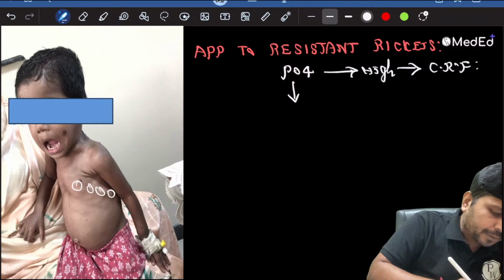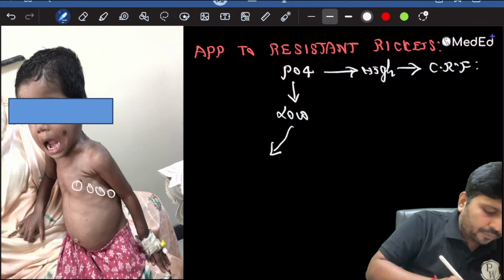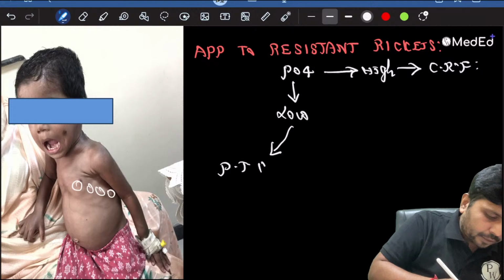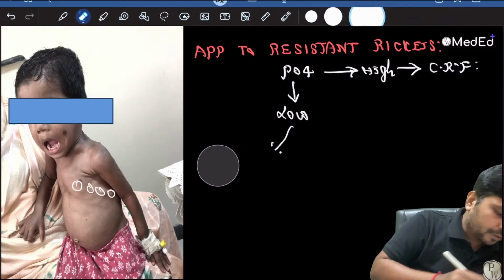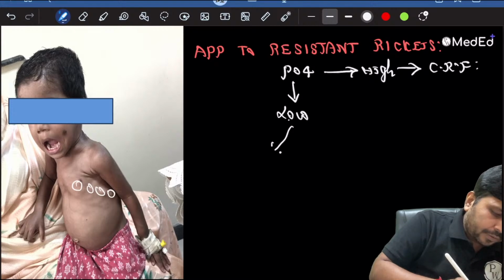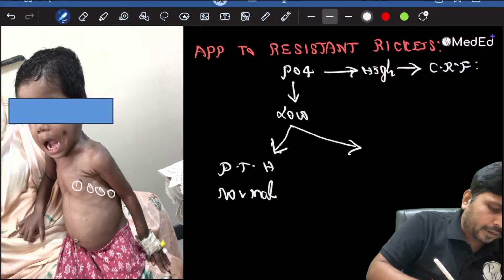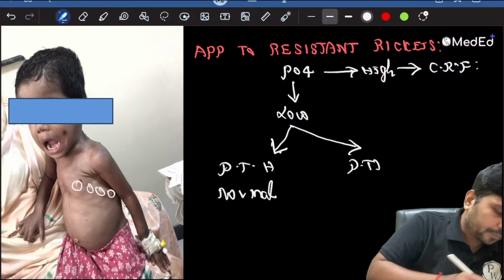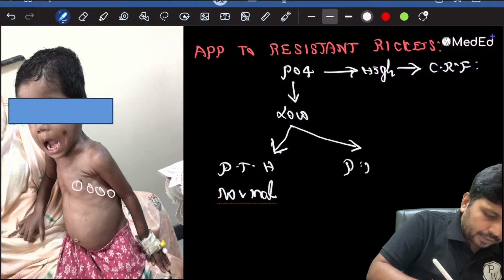If the phosphorus is low, then find out whether parathyroid hormone is high.